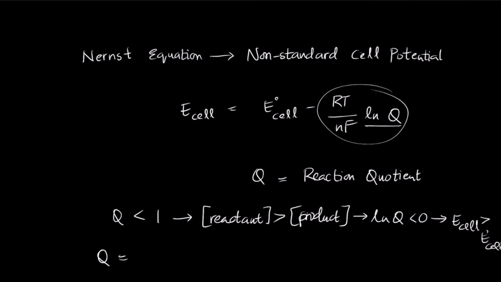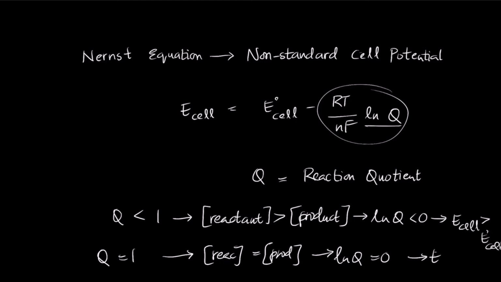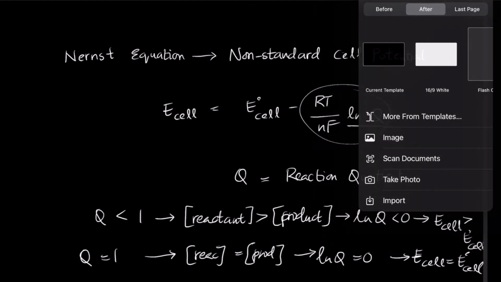If Q is equal to 1, then the reactant concentration is equal to the product concentration, which means ln Q will be equal to 0, so the cell potential is equal to the standard cell potential. The final condition is when Q is greater than 1, which means the reactant concentration is less than the product concentration.